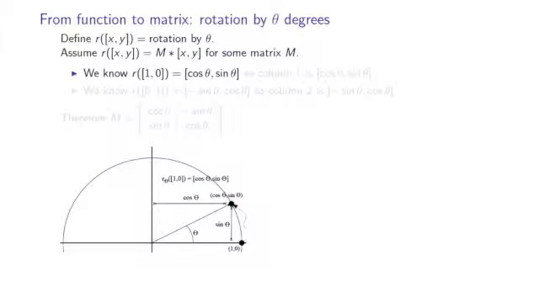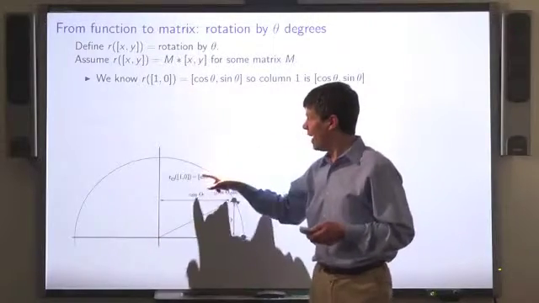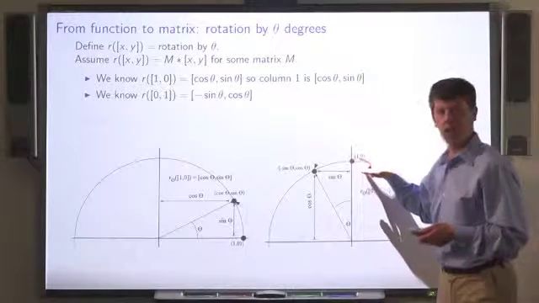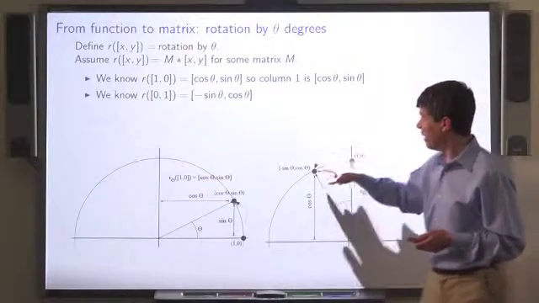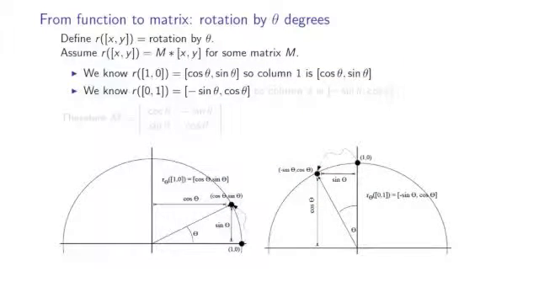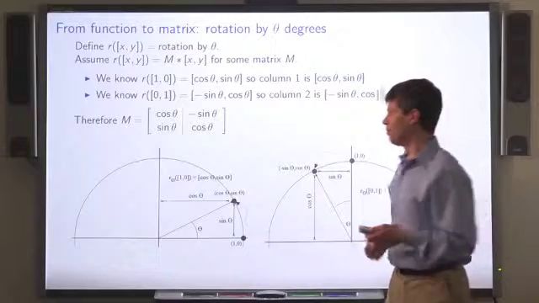So column 1 of the matrix M should be cos theta, sine theta. We know rotating the second standard generator 0, 1 by an angle of theta should give us minus sine theta, cos theta. So column 2 of the matrix is minus sine theta, cos theta. And here's the matrix for rotating by an angle of theta.